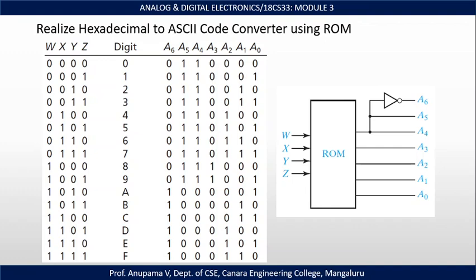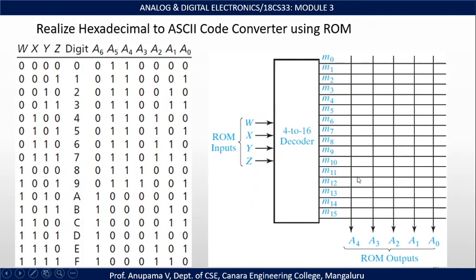Hence, in the logic diagram or block diagram of the hexadecimal to ASCII code converter using ROM, we can see that there are 4 inputs W, X, Y, Z and 7 outputs, in which A0 to A4 are the direct outputs, that is the 5-bit output from ROM, and A5 is the buffer of A4 and A6 is the complement of A4.